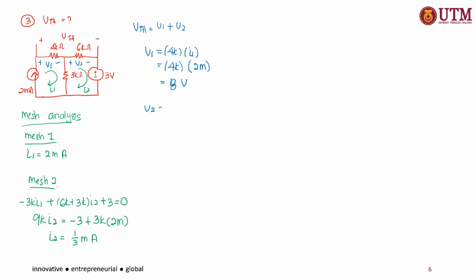And our V2 is equal to 6K times I2, 6K times 1 over 3 milliampere. So you will get this V2 is equal to 2 volt. Now our VTH is equal to 8 volt plus 2 volt, which gives 10 volt.